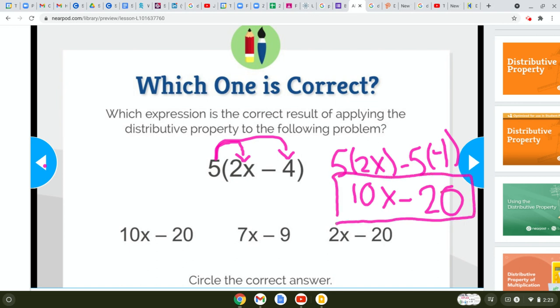So now I want to circle the correct answer here, which expression is the correct result of applying the distributive property to the following problem.